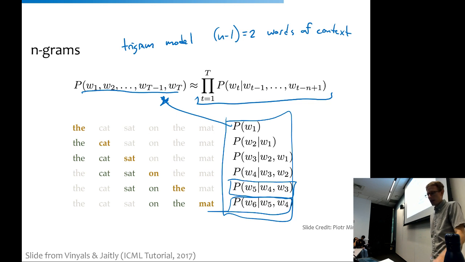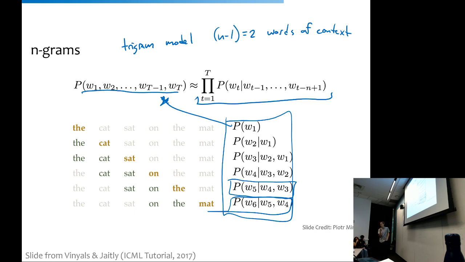So this is nice too because if you want to store a trigram model, at worst you need a finite number of parameters. How many parameters do you need if your vocabulary is of size V? V cubed, right?